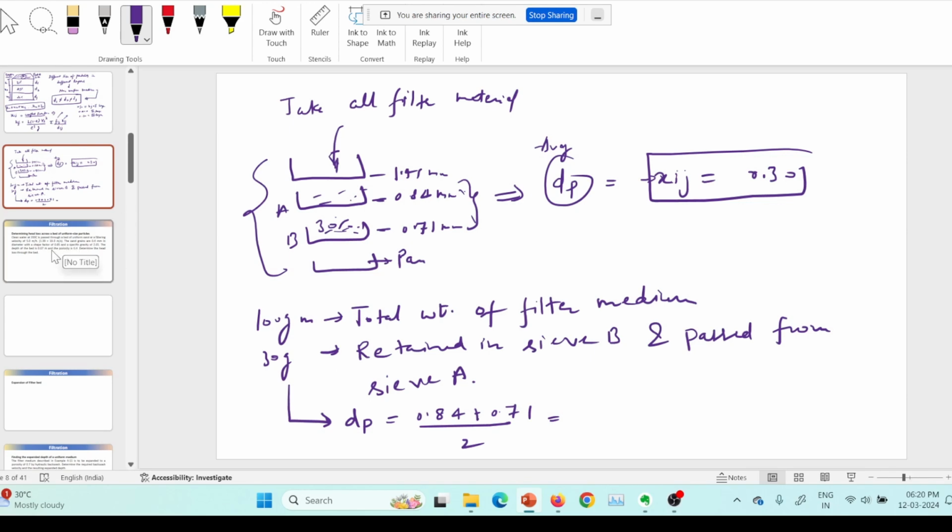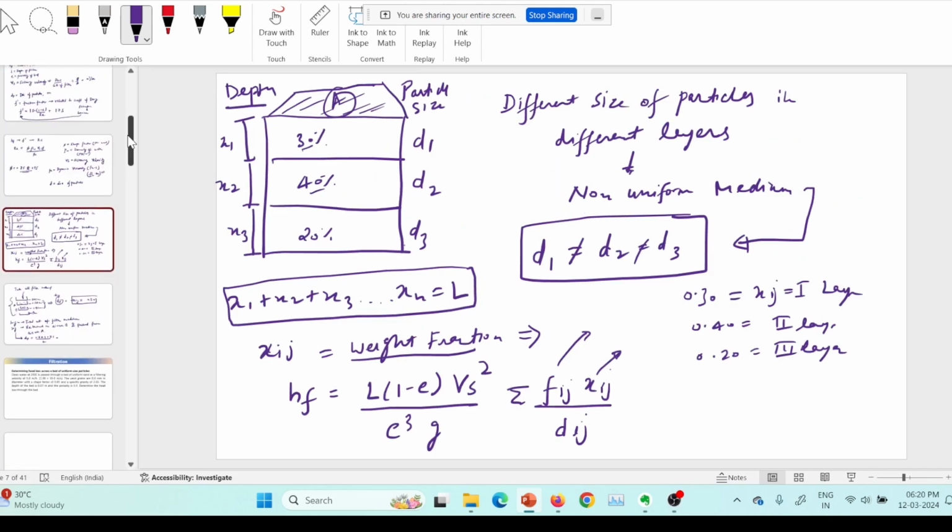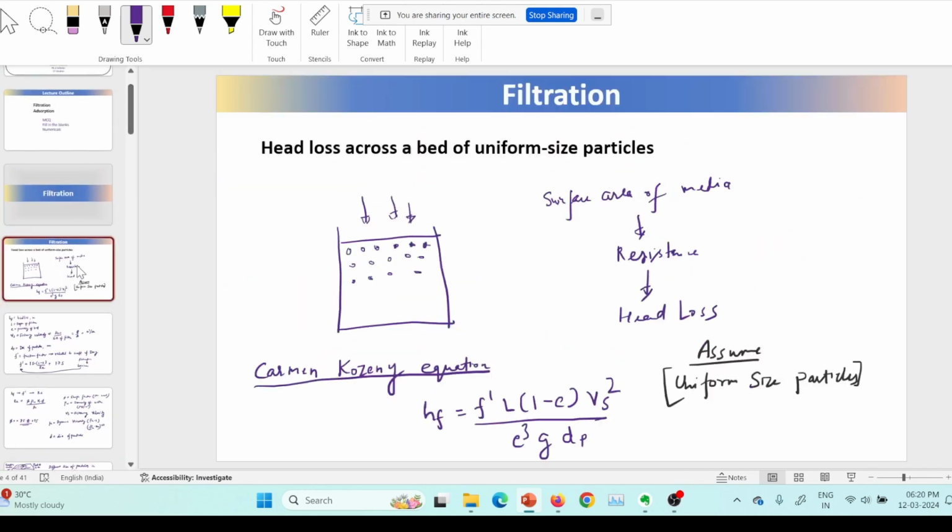So now let's see how much we have studied. Head loss across the filter bed. If this is the filter bed, and I have not drawn the other components here, and we need to calculate the head loss for the filter bed, we will use the Kozeny-Carman equation.